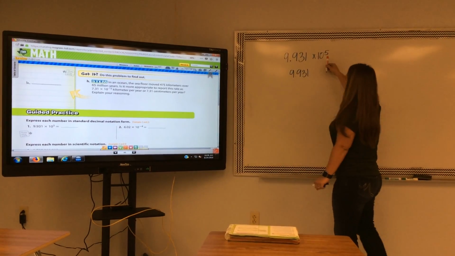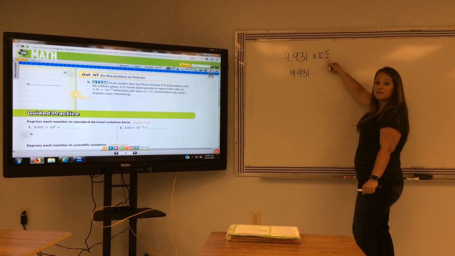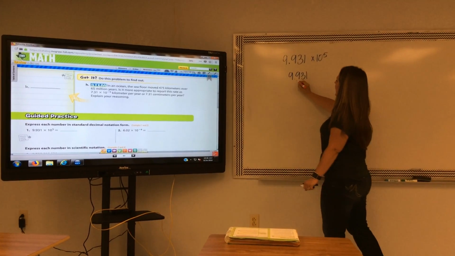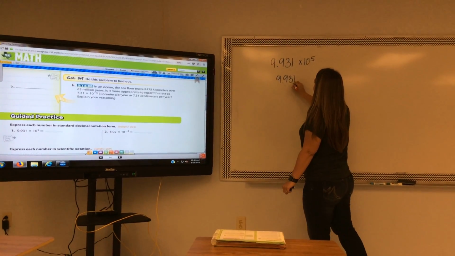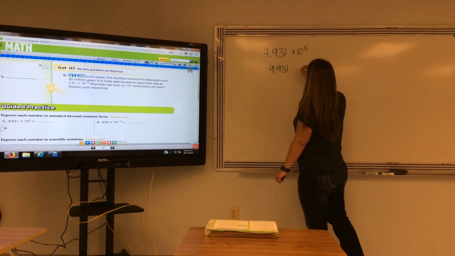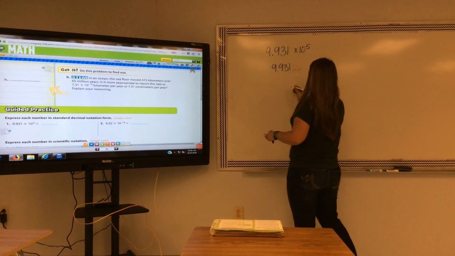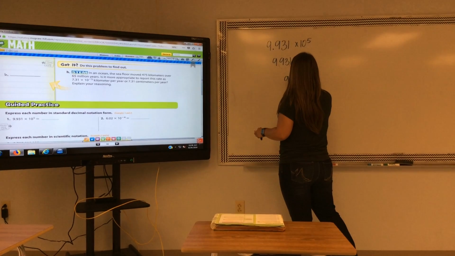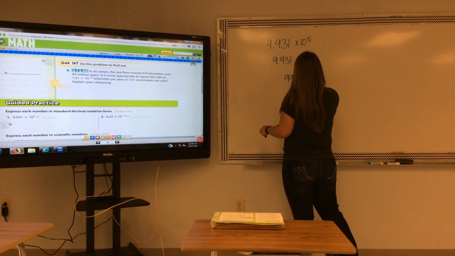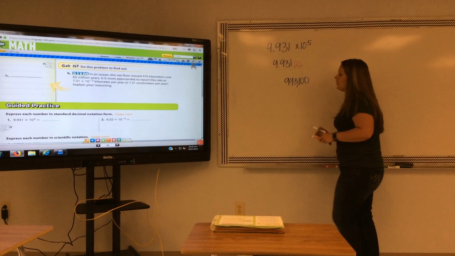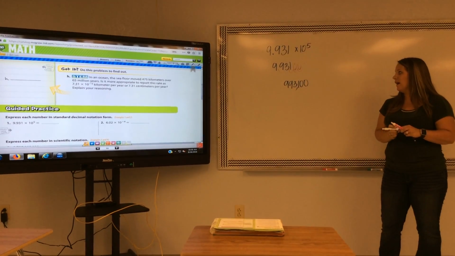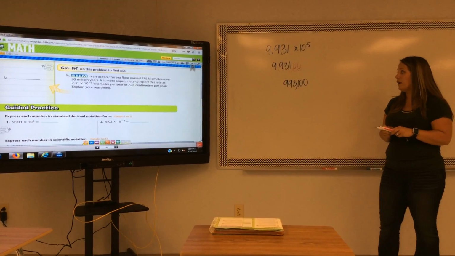And then I'm going to move my decimal to the right since it's positive, and I'm moving it 5 times. 1, 2, 3, 4, 5. Adding in zeros as placeholders. So my final answer is 993,100.